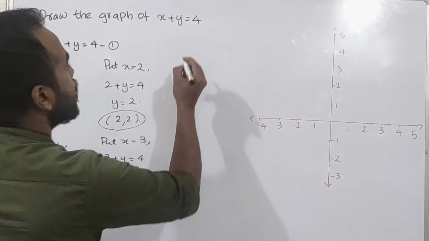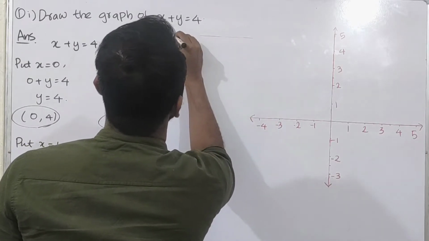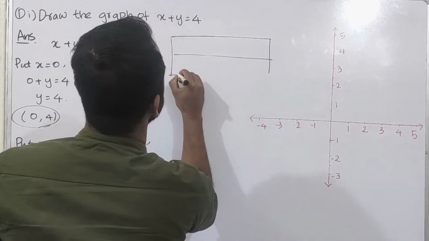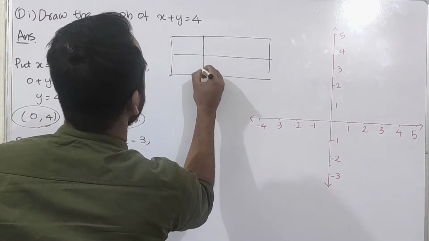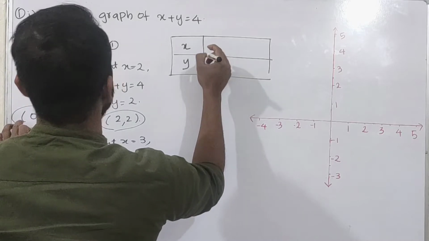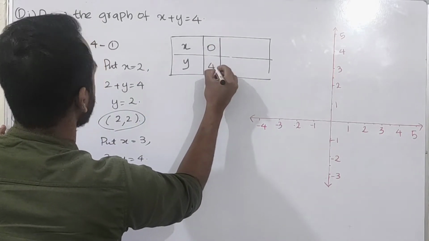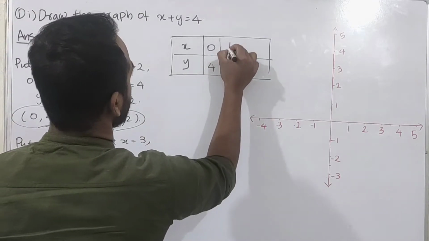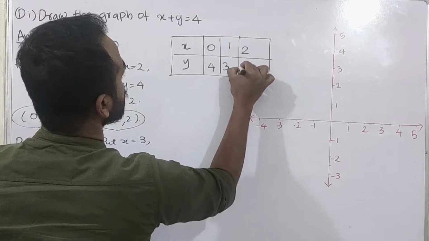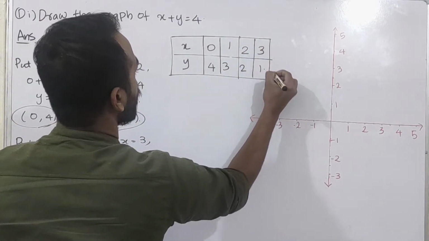Before plotting, it's advised to draw a table like this, in which two columns are written, x and y. Put the values 0, and the corresponding y value 4. Then the next one 1, 3. Then 2, 2. And the last one 3, 1.